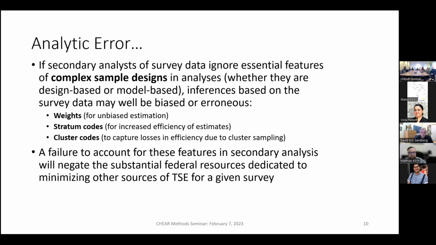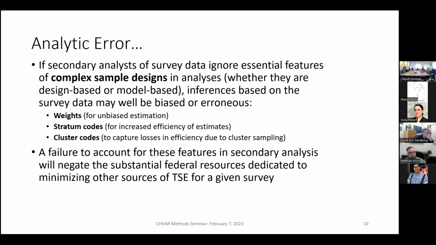If secondary analysts of survey data ignore these essential features of complex sample designs and analyses, again, whether you take a design-based approach or a model-based approach, inferences could be biased or erroneous. So the weights generally ensure unbiased estimation of your parameters with respect to the sample design. The stratum codes are designed to increase the efficiency of your estimates. Stratification helps to make your estimates more precise. Cluster codes generally capture losses in efficiency due to the need to save money and select cluster samples. So we want to account for all these pieces of information.